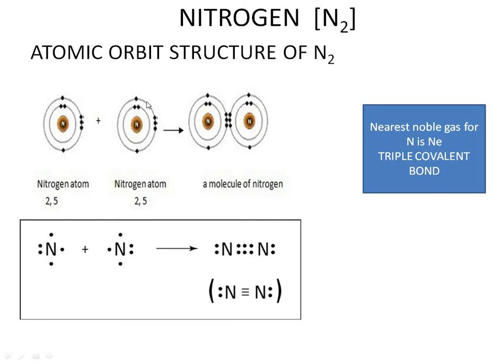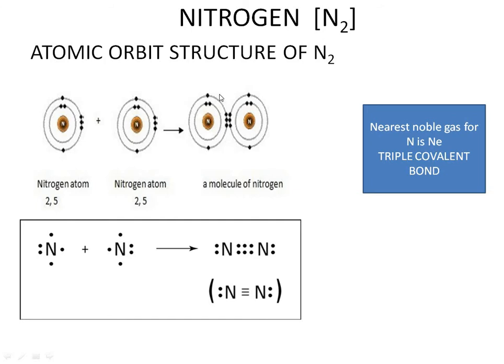The 2 electrons you can draw as a pair. The remaining 3 you can just leave like this, either on this side or the other side, facing towards each other. So for one nitrogen atom, 3 electrons should face the other nitrogen atom. Like this you have to draw.